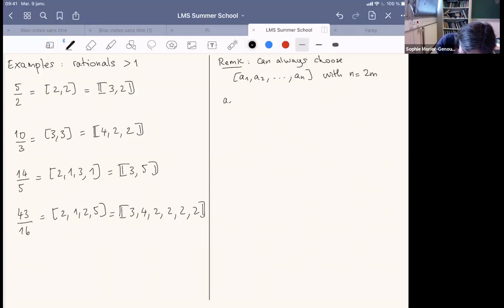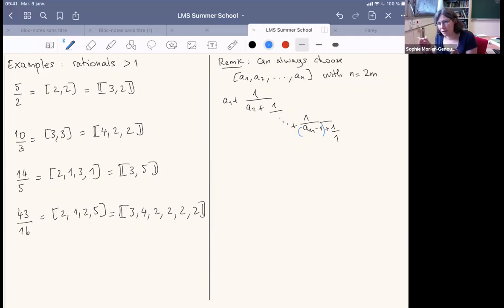It's because if you look at what happens at the end of a1 over and so on, if an is bigger than 1, you could artificially change the last coefficient like this: I remove 1 and then I add +1 over 1.